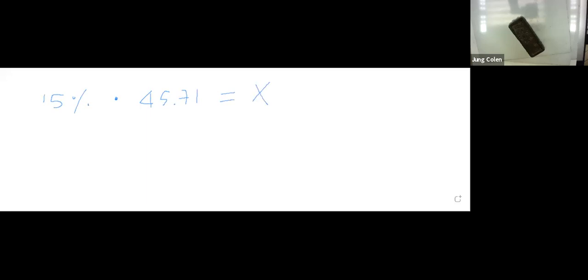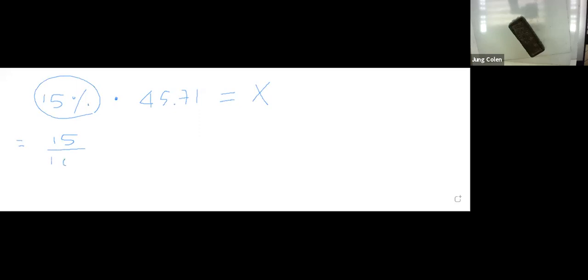That's what we're looking for, right? But since 15% is a percent, it's not an actual number. We need to change that to either a decimal or fraction number, right? To change that, you can divide by 100 and take off the percent, right?